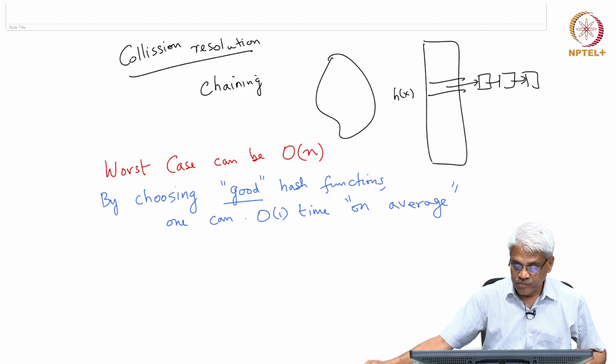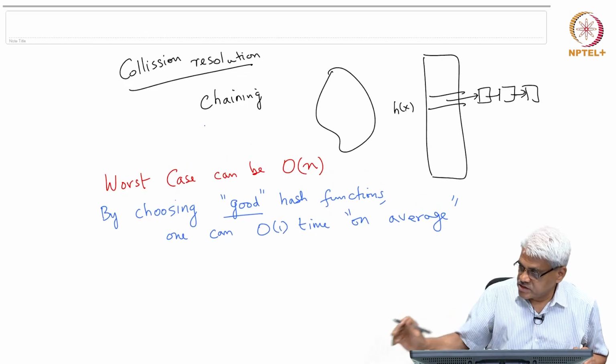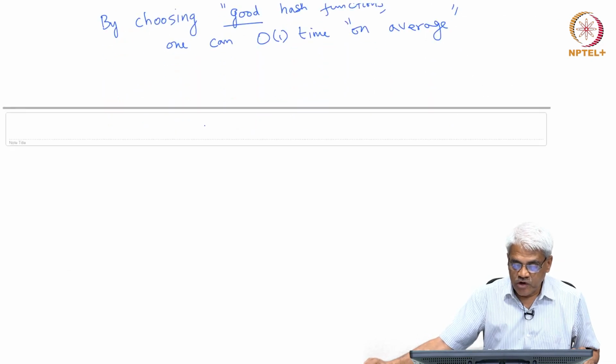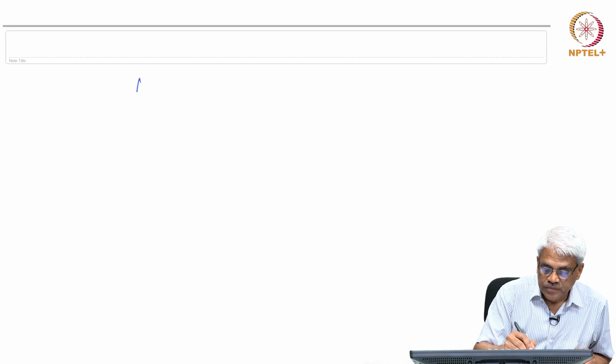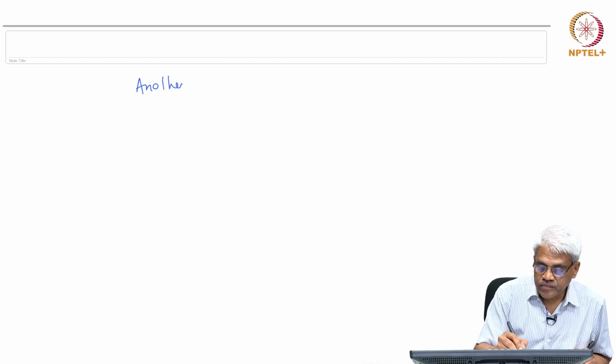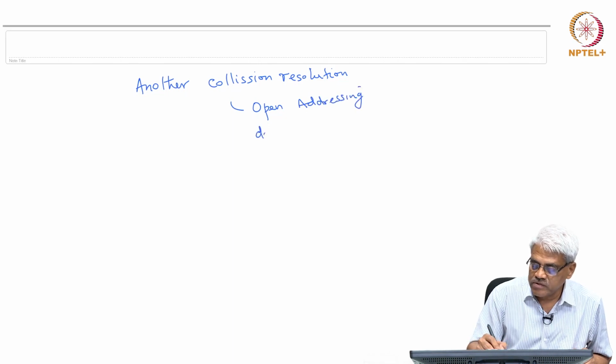There is another collision resolution technique that's called open addressing. So, here for example, you may even use double hashing.